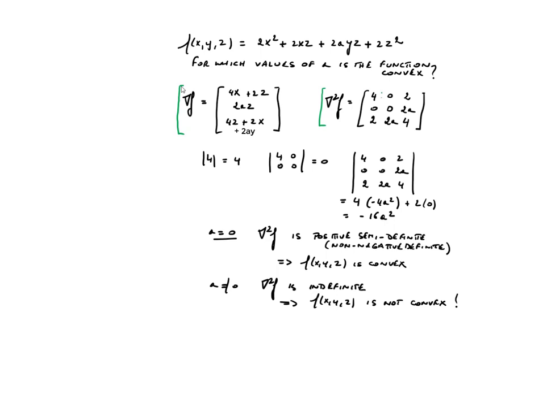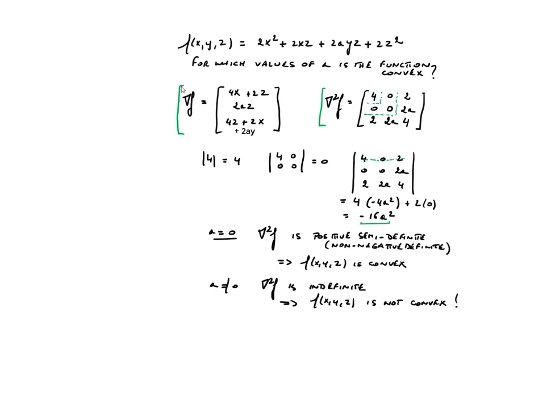This one over here is a scalar determinant, obviously it's 4. This determinant over here is 0, and then you have the determinant of the Hessian, and here the determinant is constructed using this line over here, and you see that you have minus 16a square.